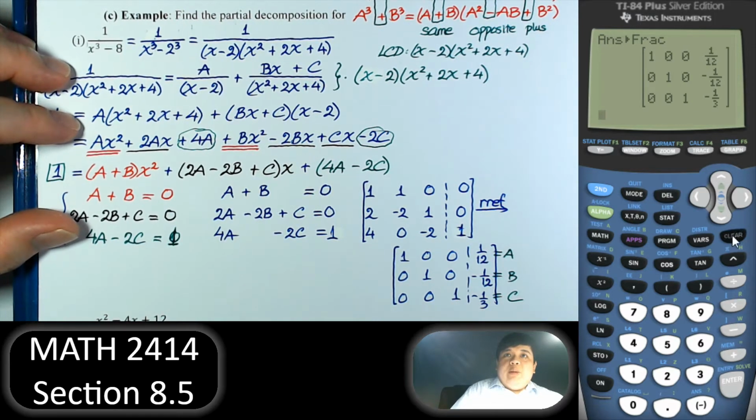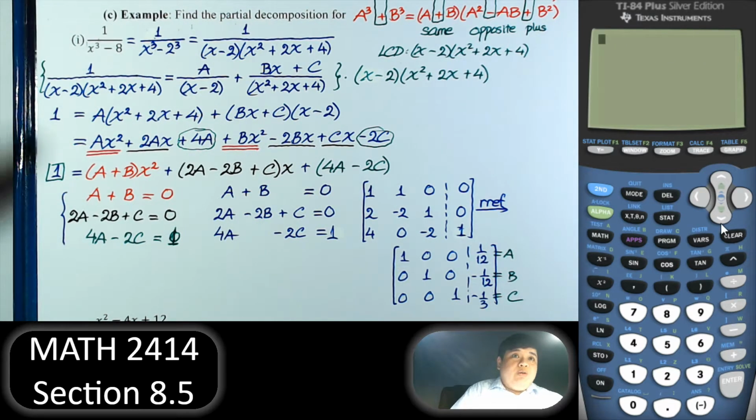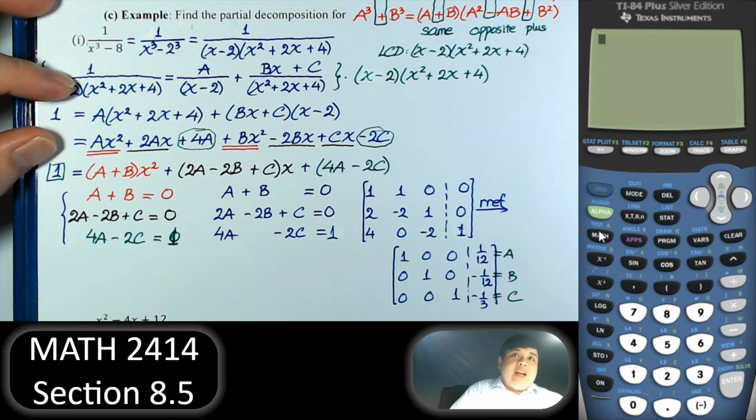Now, we can do this, or we can do the old-fashioned way: second matrix, go to edit and hit A, and then 3 by 4.